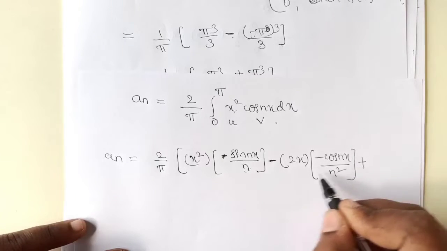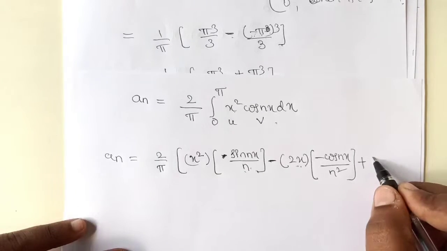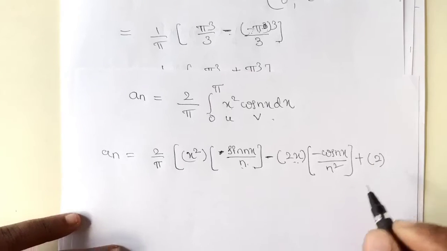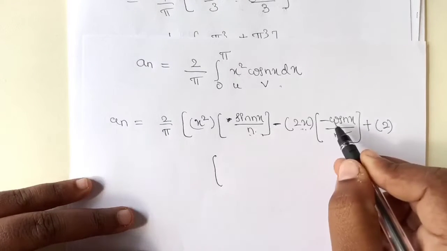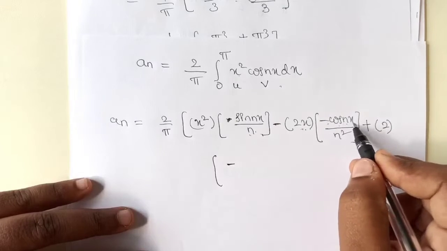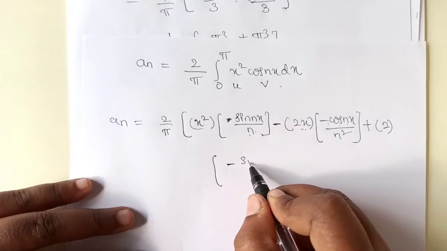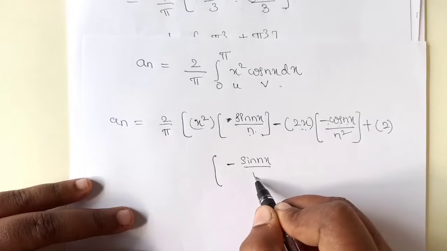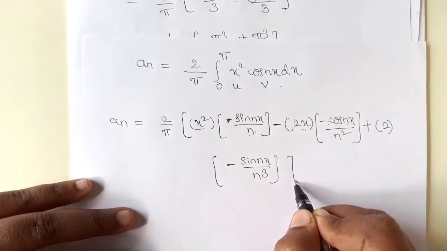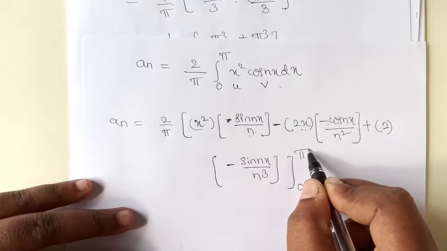Next again 2x differentiation is 2, with the minus as it is, cos nx integration is sin nx divided by n cube, and the limits are 0 to pi.